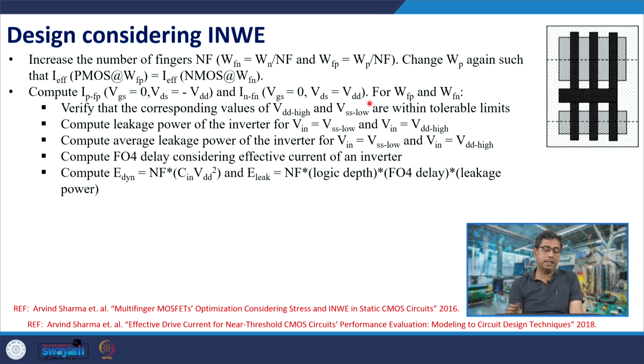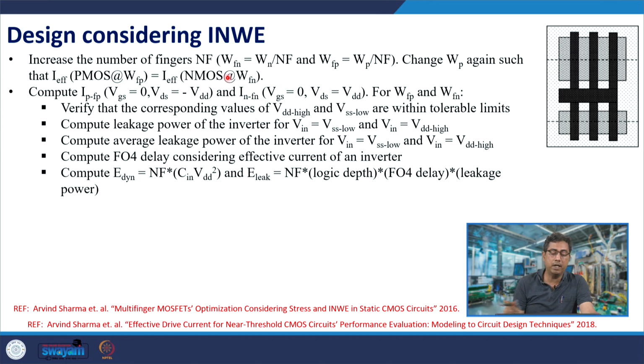Now, with this, the threshold voltage of the NMOSFET and the PMOSFET would have changed, and that we can obtain from our threshold voltage versus width plot, the slope and intercept there. Using that, we will find out the threshold voltages of the PMOSFET and NMOSFET. So, we will again recalculate the effective currents of the PMOSFET and NMOSFET, and we will see whether they equate now. They will not be equal now, because the threshold voltages have changed.